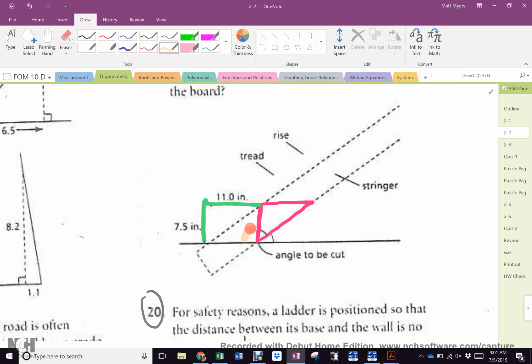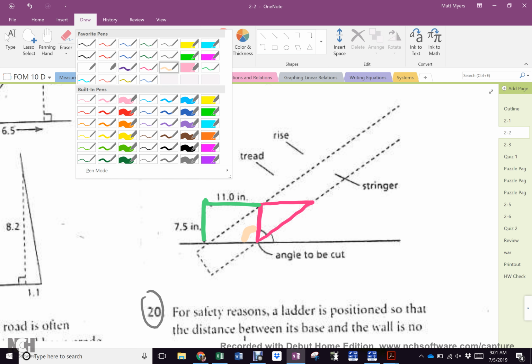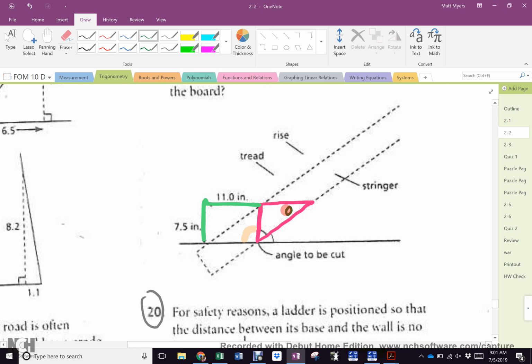All of you should be able to tell me what that angle is. 90, right? Okay, so this part of it is 90, so I just need this part, and I'll know the whole angle, won't I? How do I find this angle? Well, isn't it the same as this angle? That's what I need right there, right? So that is my theta.